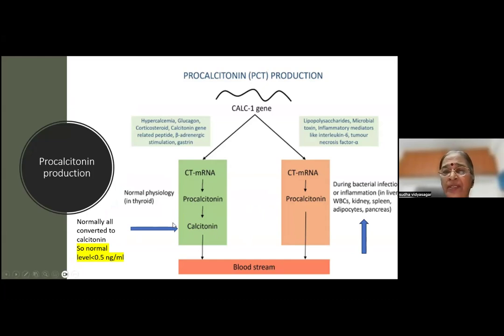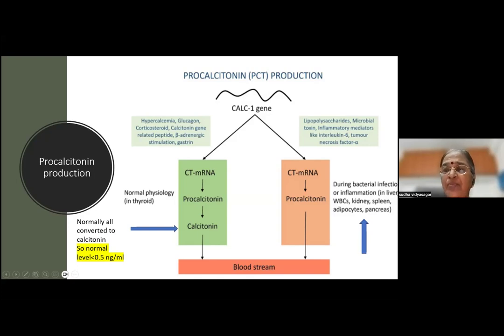But what happens in the presence of infection is different. In the presence of lipopolysaccharides and microbial toxins, IL-6 and all, this procalcitonin goes directly into the bloodstream, okay? And that is how you are detecting procalcitonin. Initially, like we said, it is produced in the thyroid, but in the presence of infection, everything starts producing procalcitonin: the WBCs, kidneys, spleen, adipocytes, everything.